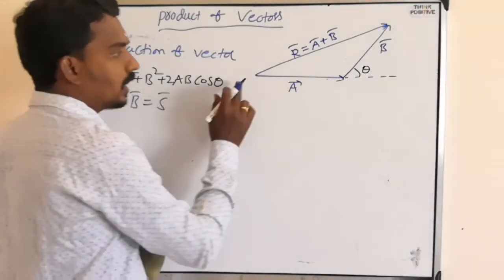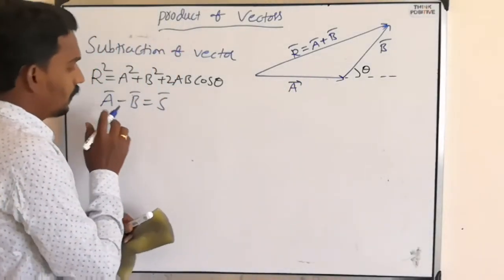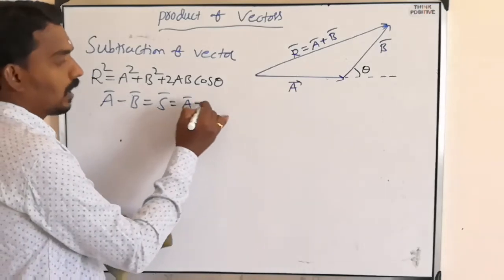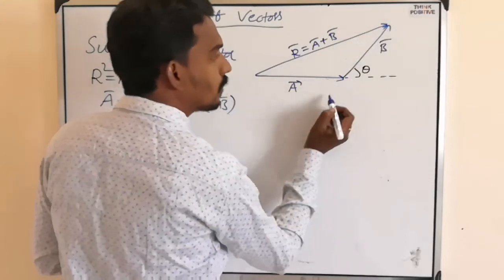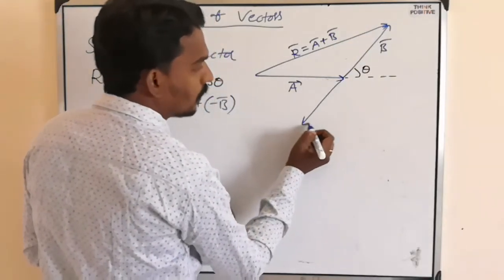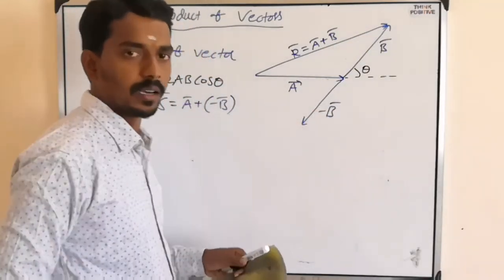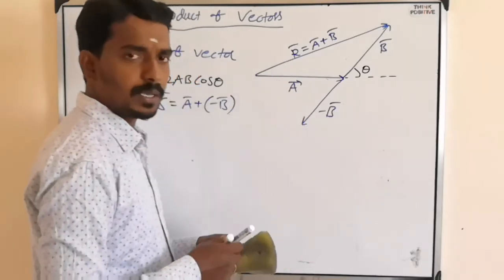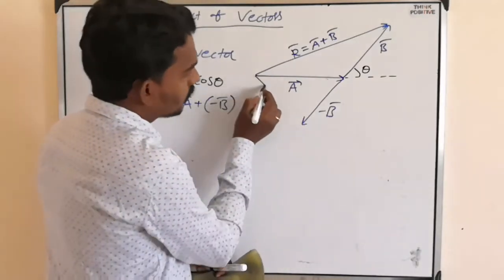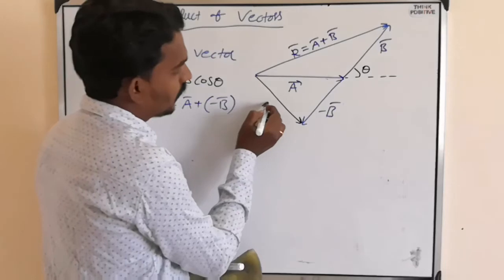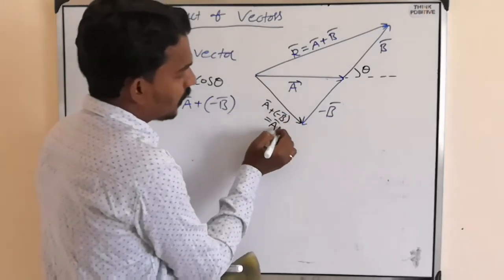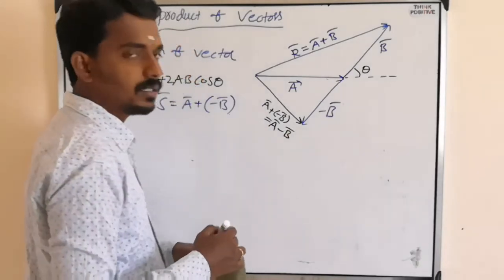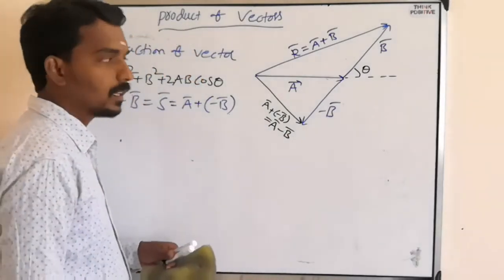Then we will draw A bar first, then we will draw A bar plus minus B bar. So this is our B bar, then this will become minus B bar. So this is our minus B bar, and then this will become A bar plus minus B bar, nothing but A bar minus B bar.